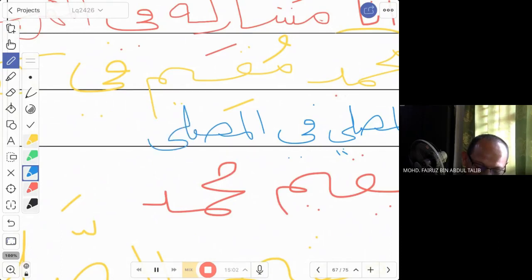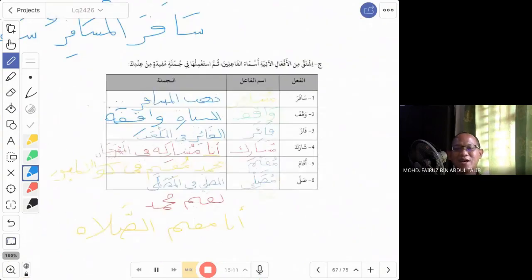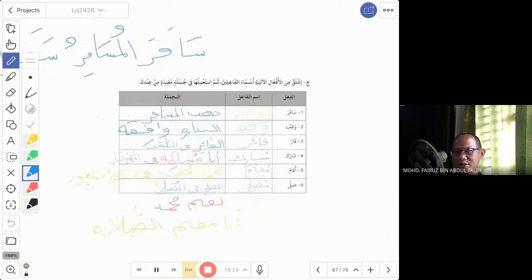So musalla is different. It's the place, a praying room. Okay, a praying room. Yes. So this is the topic of isim al-fa'il. There are several other words that you can derive from a fi'il. There are several other words, and this is one of the most important ones, which is isim fa'il. Okay, any question for the topic of isim fa'il?